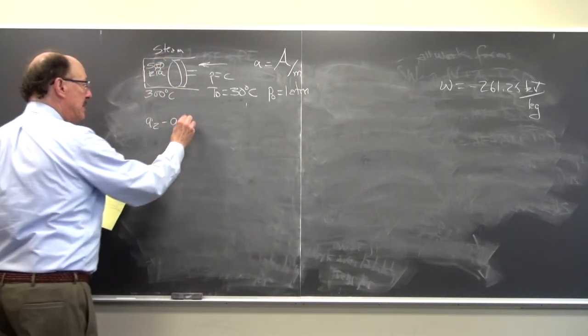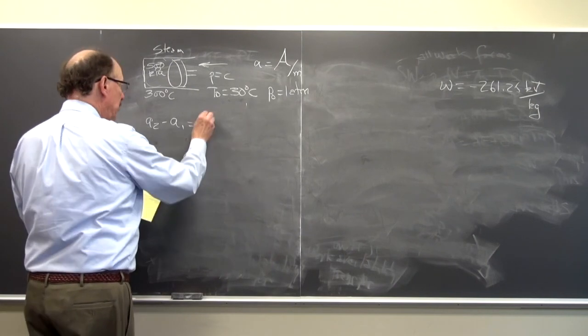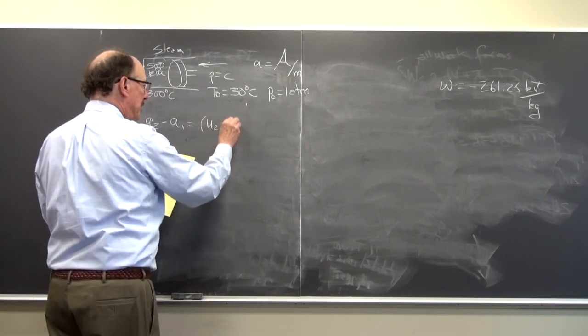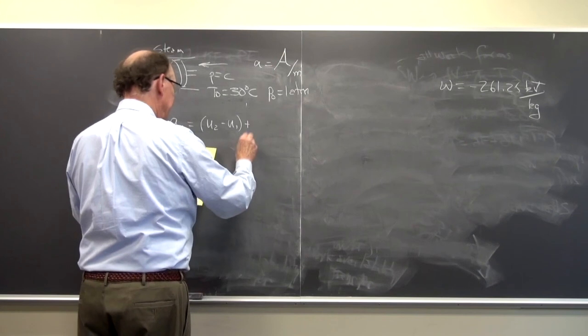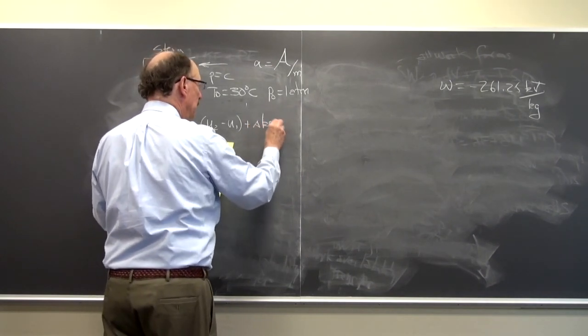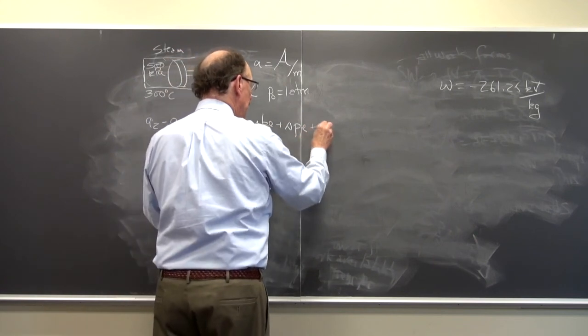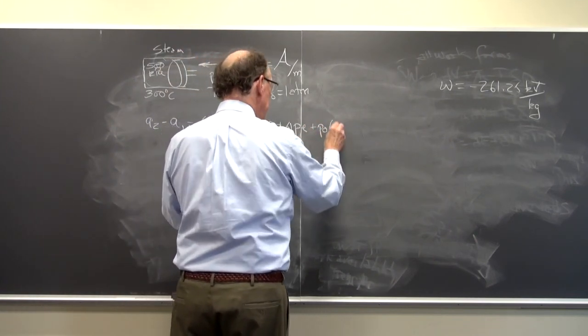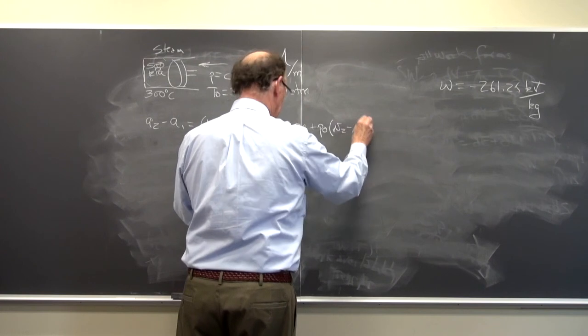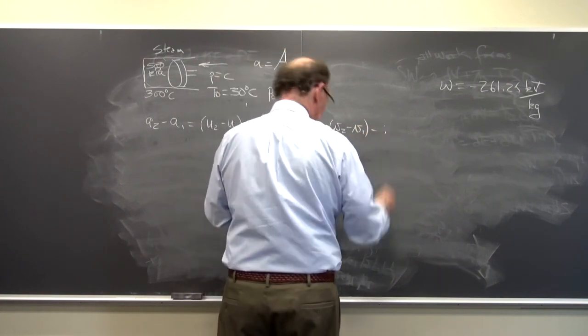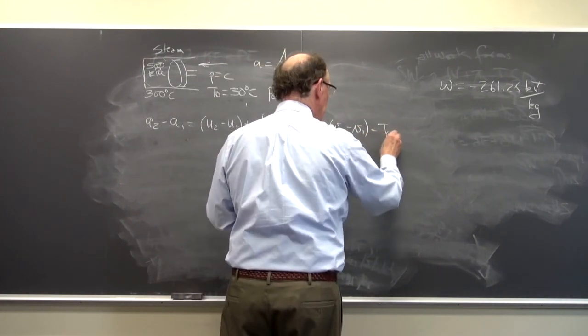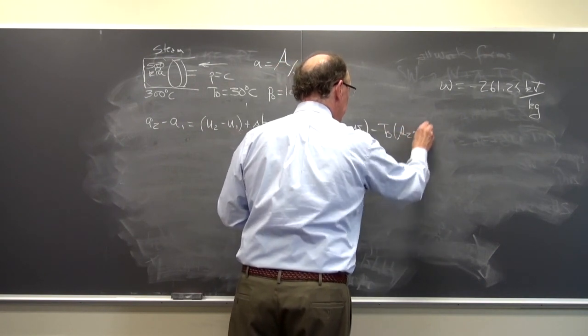So this is equal to U2 minus U1, using the expression we had before, plus delta KE, plus delta PE, plus P0 times V2 minus V1, minus T0 times S2 minus S1.